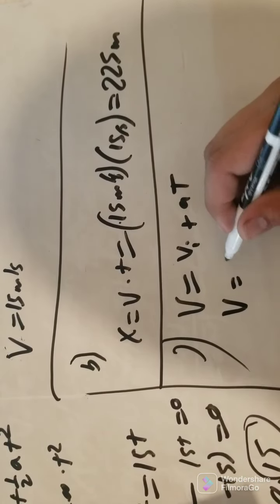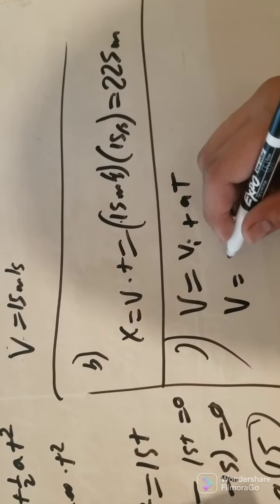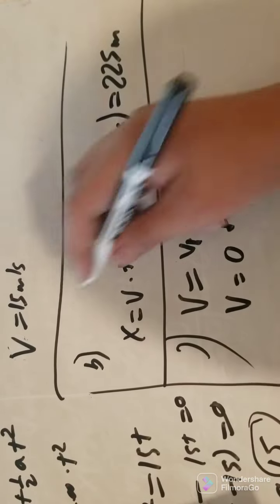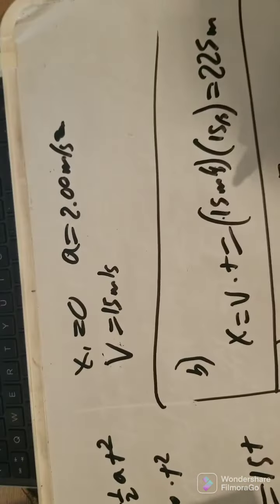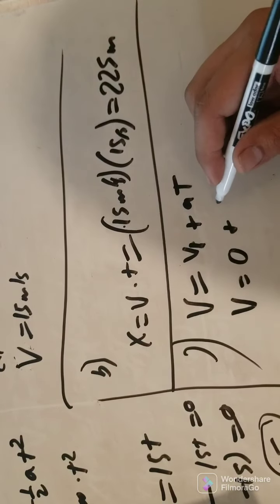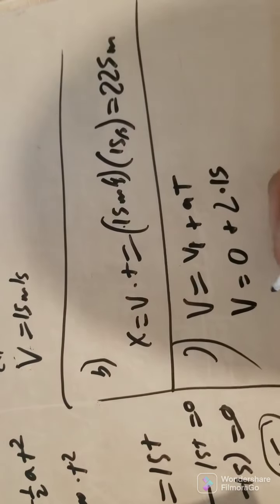Initial velocity is 0, plus 2 times 15, because now we know the time, so v is equal to 30 meters a second.